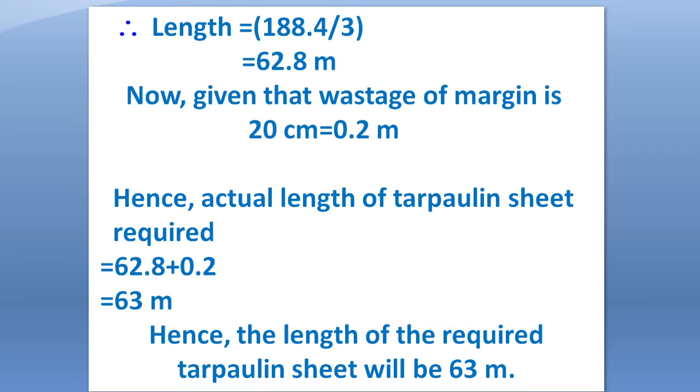Hence actual length of tarpaulin sheet required is equal to 62.8 plus 0.2, which is equal to 63 meter. Hence the length of the required tarpaulin sheet will be 63 meter.